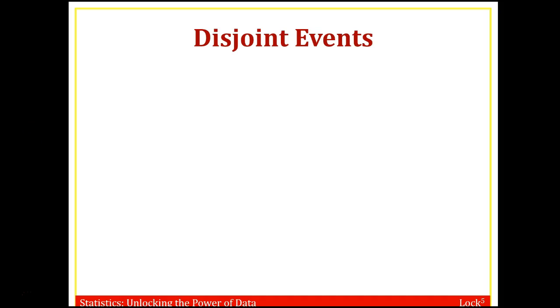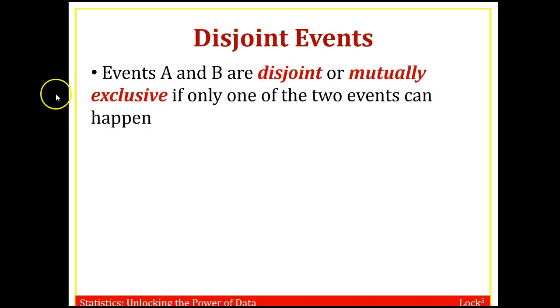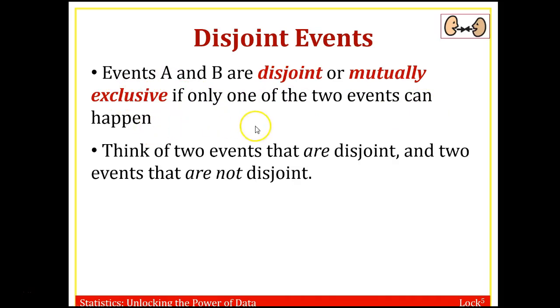Okay, our last two topics are types of events. First, disjoint. What does it mean for two events to be disjoint, or equivalently, mutually exclusive? That means only one of the two events can happen at the same time.